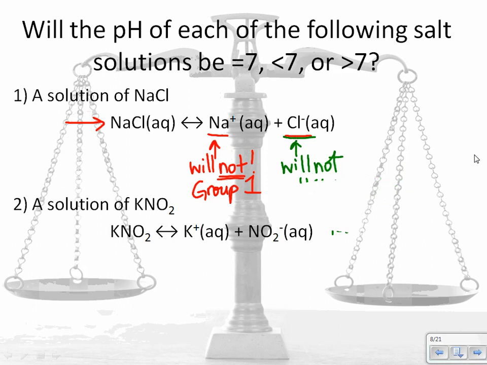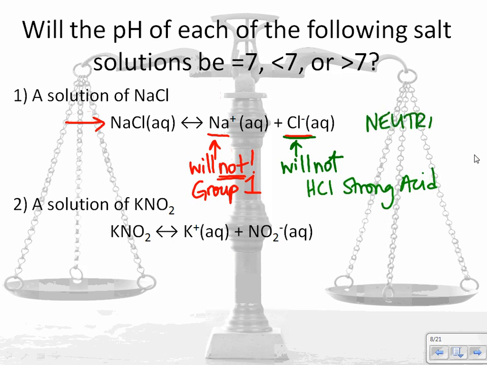Okay, so that's the reason why. Or you just know that because HCl is a strong acid, that's rule number 2, it will not undergo hydrolysis. That in itself is reason enough. So what's the pH of this solution going to be? You have no hydrolysis, no change in pH, so this resulting solution is going to be neutral.